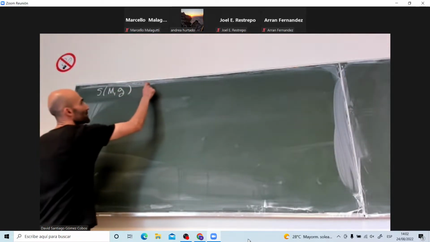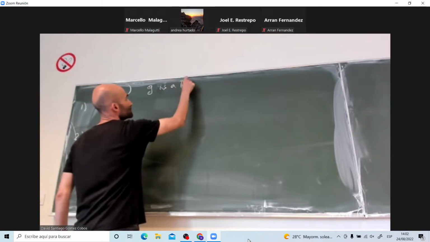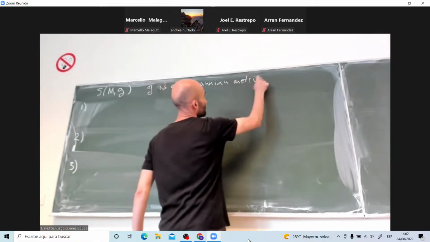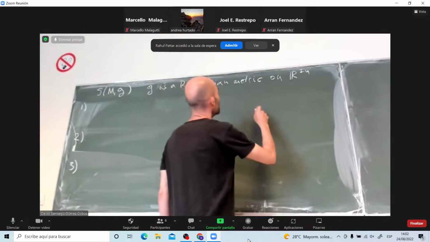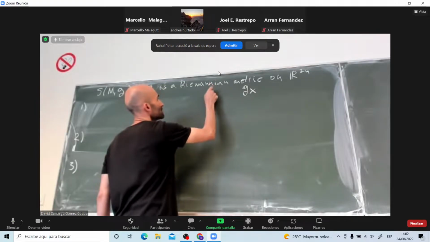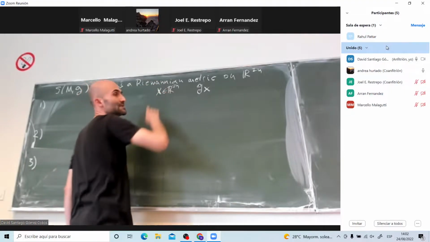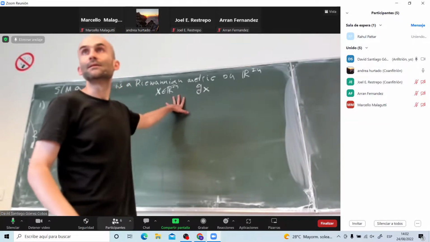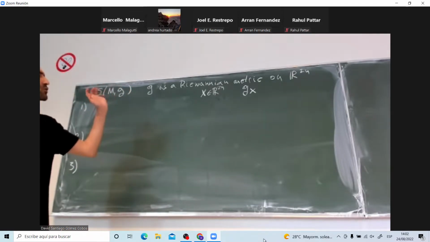So again, G is a Riemannian metric. For us, this just means that for every point X in phase space R^{2n}, I will denote the points in phase space with capital letters, g of X is an inner product. And it has to satisfy certain additional conditions on regularity.